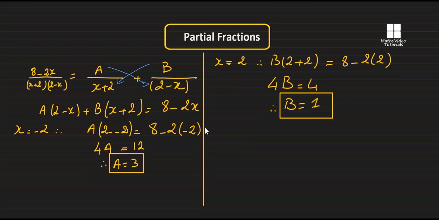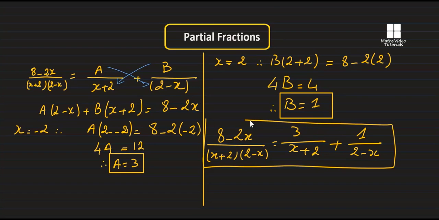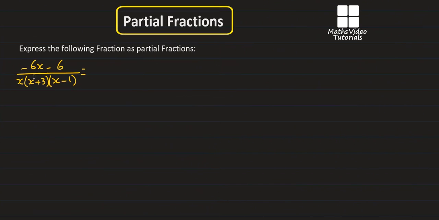So therefore my algebraic fraction 8 minus 2x over (x plus 2)(2 minus x) is written in its partial fraction as a over x plus 2, where a is 3, add b, which is 1 over 2 minus x. And that's how you write an algebraic fraction into partial fractions. In this example, our algebraic fraction will break down into 3 partial fractions.